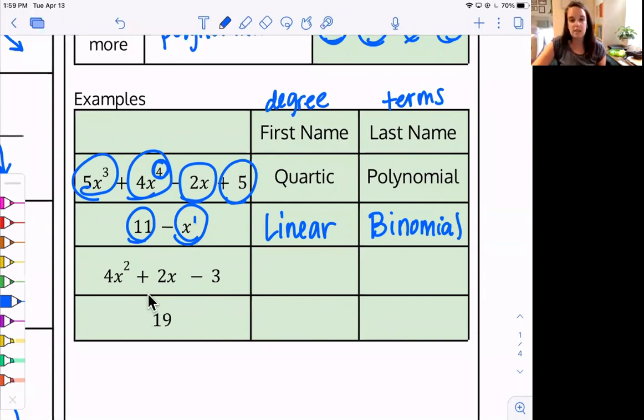So David, since you're not writing it down, when you have x squared, when I look at this one, I have x squared, x, and a number. When I have x squared, what's the first name that goes with x squared? Looking back at your notes. What's the first name?